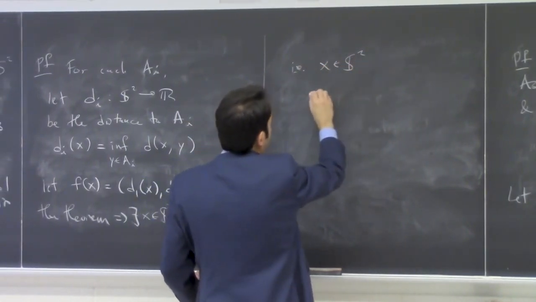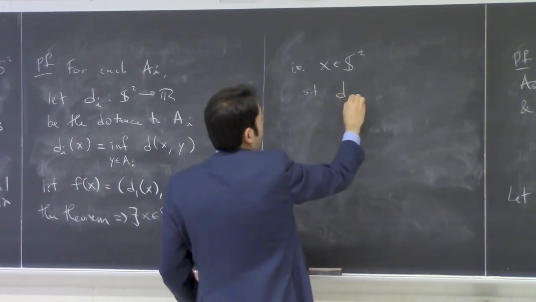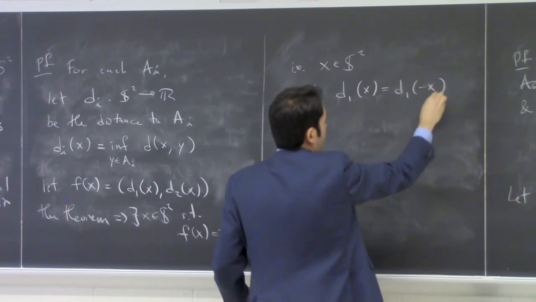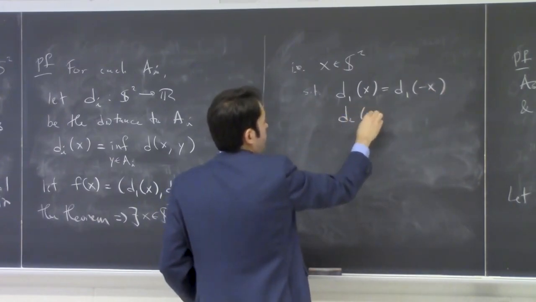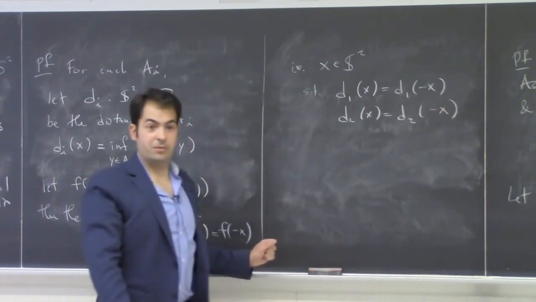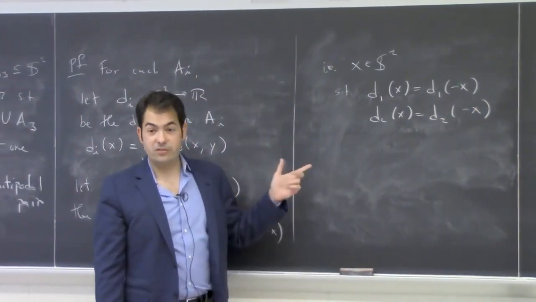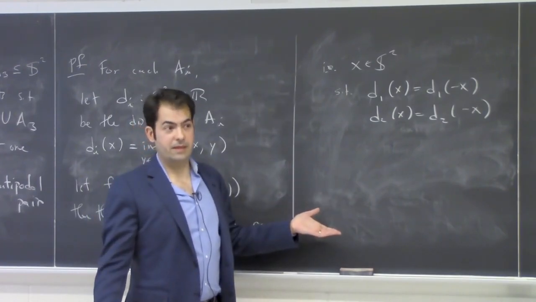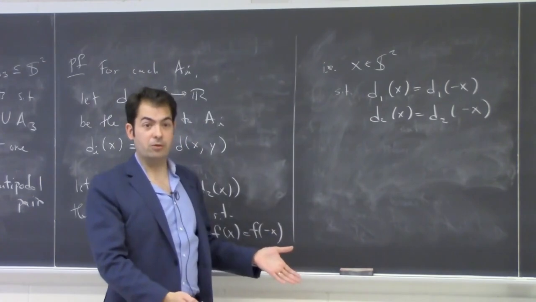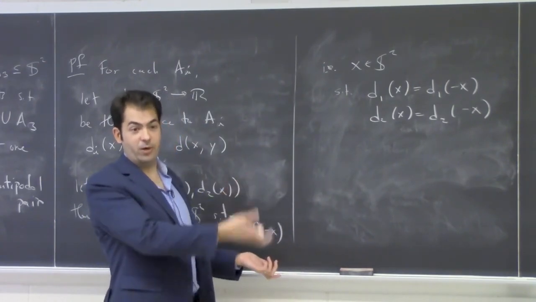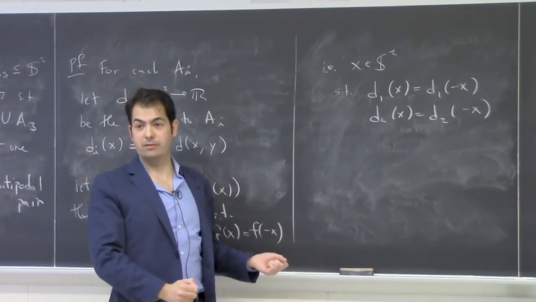There's a point so that the distance to A1 of that point and the antipodal point are the same, and the distance to A2 is also the same. So if either one of these is 0, we win. If they're both non-zero, then both x and minus x have to be in A3, because they're not in A1 or A2. So we also win.